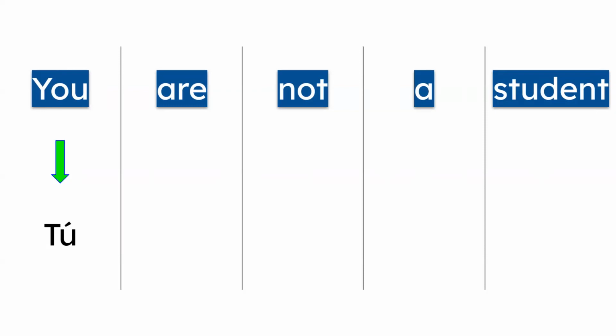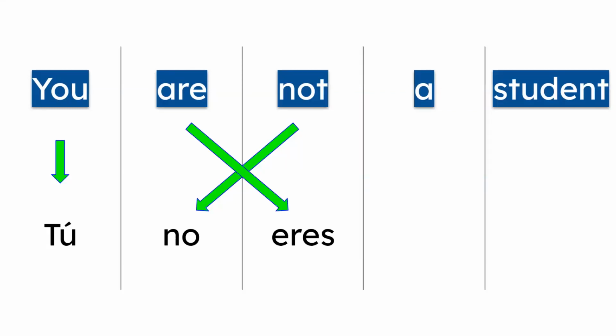That immediately after the pronoun, we use no. That's right, tú no, followed by the verb. Now, let me ask you, do you remember how to say I am not? That's right. It was yo no soy. That's correct.